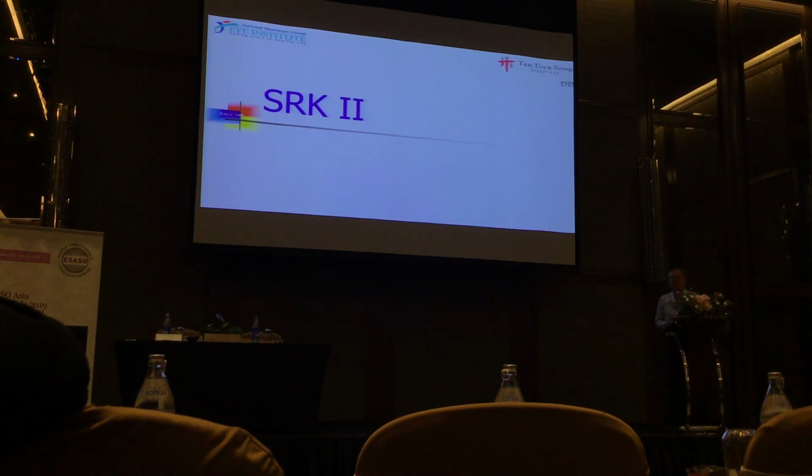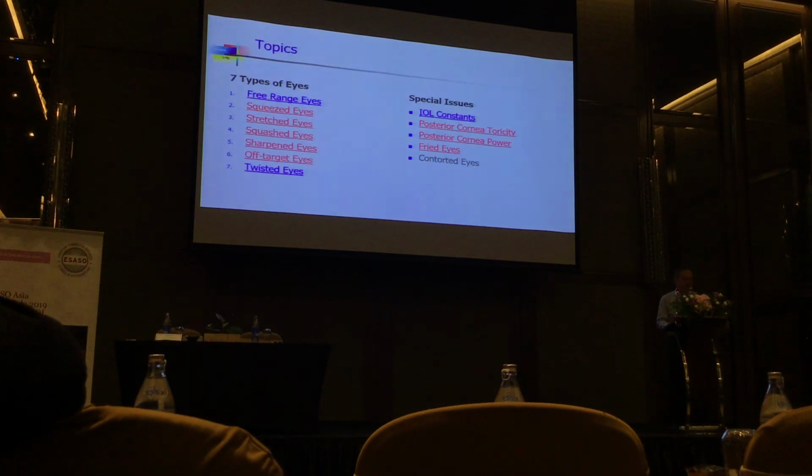So after all is said and done, the most important thing, even if you still want to use SRKT, Hoffer Q, Holladay 1, for example, at least don't use SRK2 anymore. So this will go back to overview again.